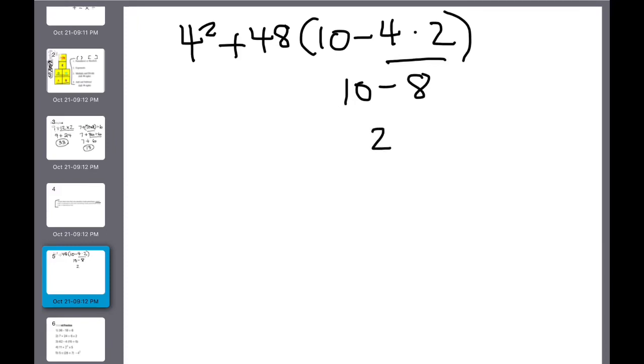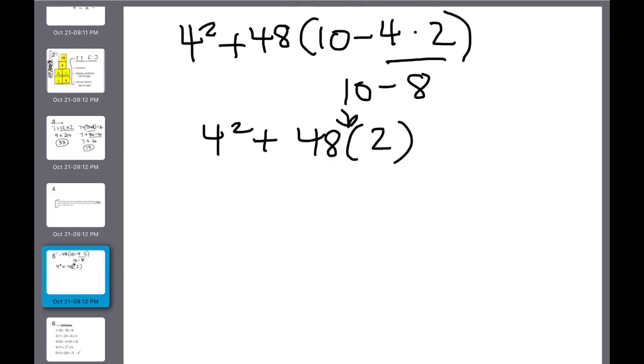So that's our parentheses. Now, if you notice, I'm going to bring everything else from outside parentheses down, but I'm going to keep my 2 inside parentheses, and we'll talk about why in a minute. The reason I kept my 2 inside parentheses is because there is no sign between 48 and 2. If I were to just put the 2 there without a sign or without the parentheses, it would look like 482.